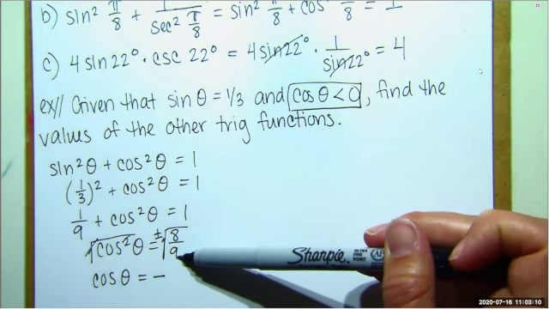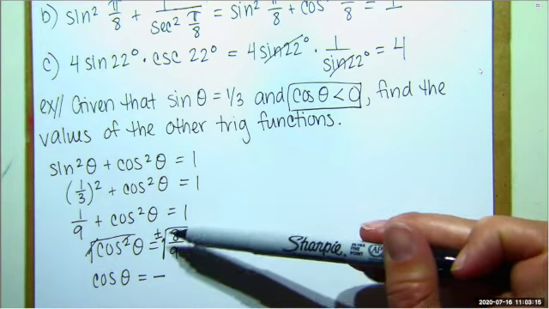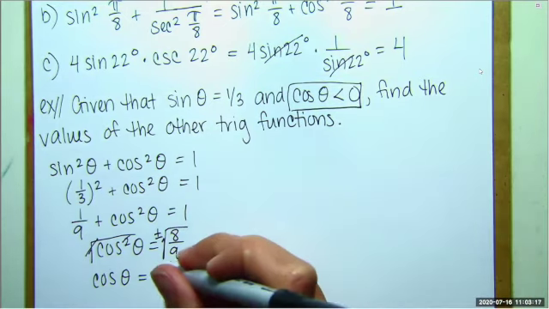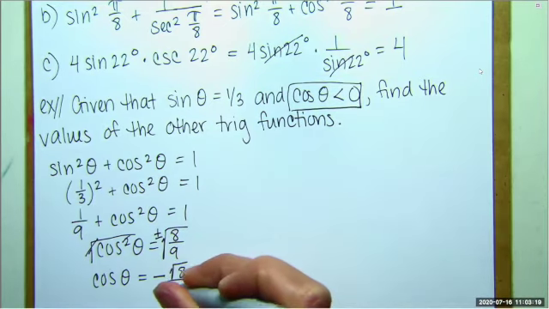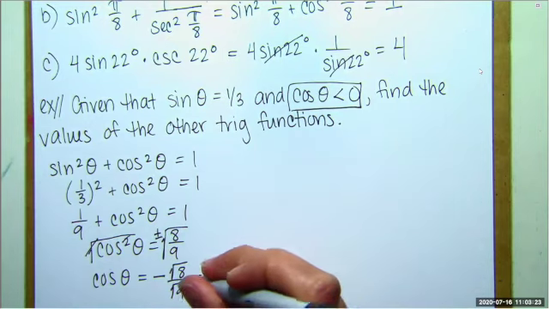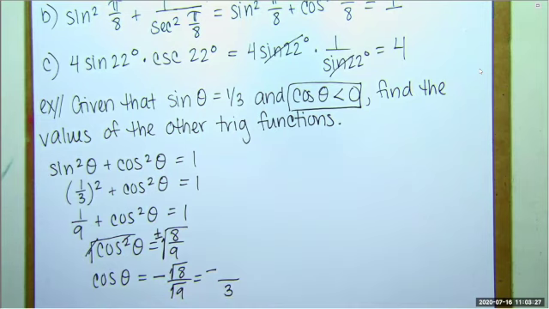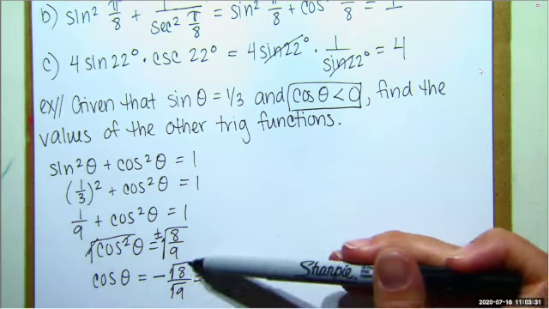Okay. Next up, I have square root of 8/9. We need to simplify this as much as possible. So we can simplify a square root over the numerator and denominator, meaning that I can write this as square root 8 over square root of 9. Square root of 9 is, of course, 3. We need to simplify square root 8.